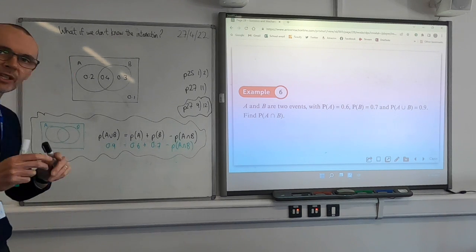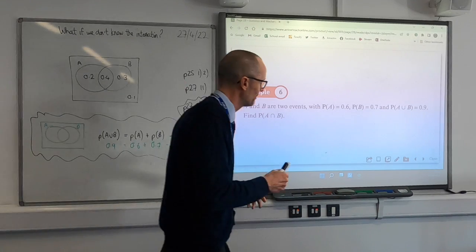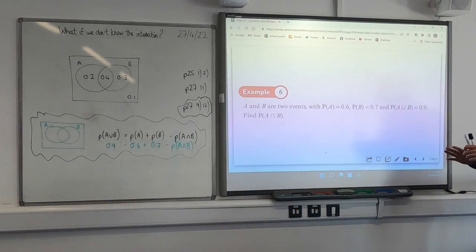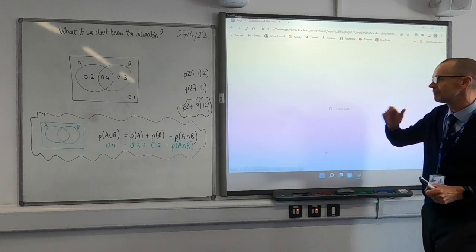So that's one scenario where we're not given the intersection, but we can work it out, and it may be that this formula is something you choose to remember, or it may be that you just rely on common sense. I'll get you to practice one of those in just a moment. Let's look at a different example where we don't know the intersection.